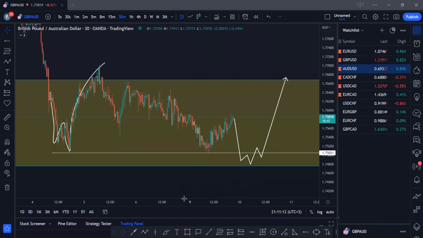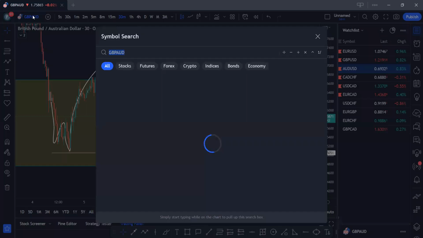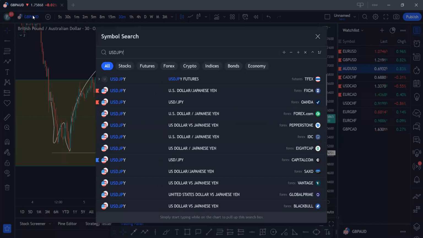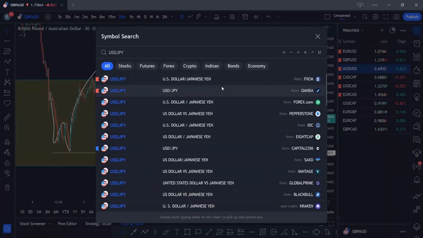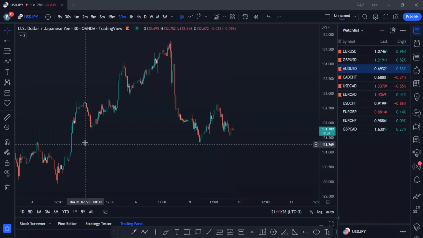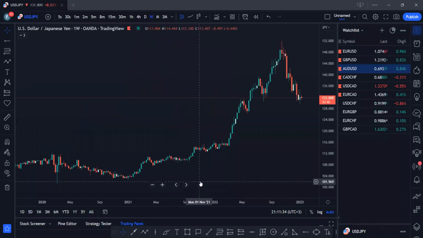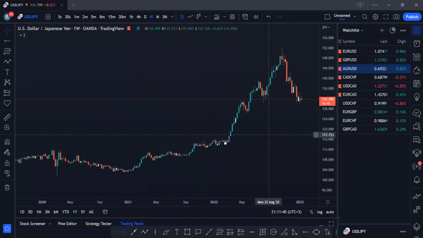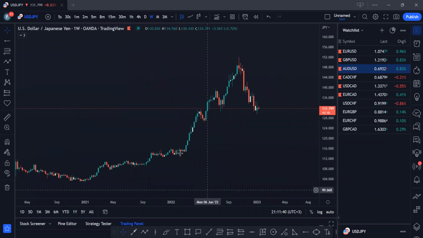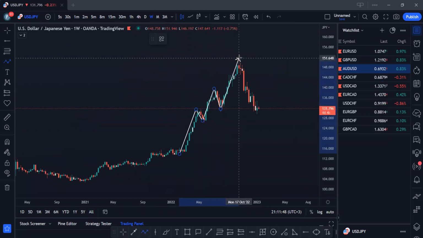USD JPY. UJ. Let's go to the weekly chart. So what's going on on UJ? Over here, we have price going up like this, and ultimately we are seeing a retracement.